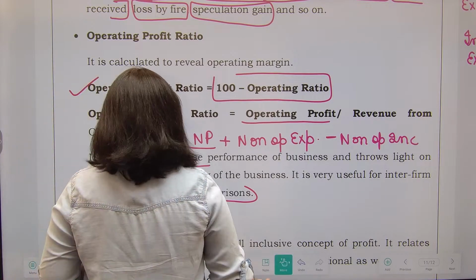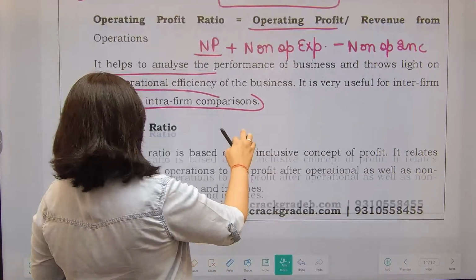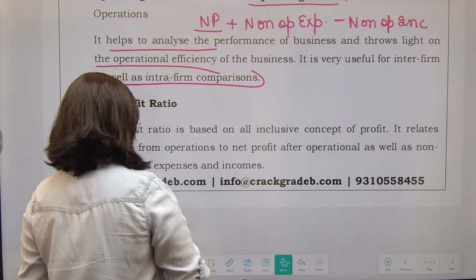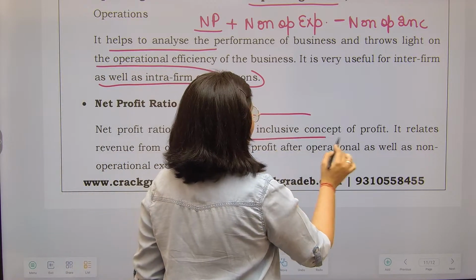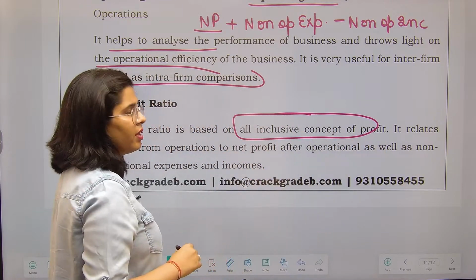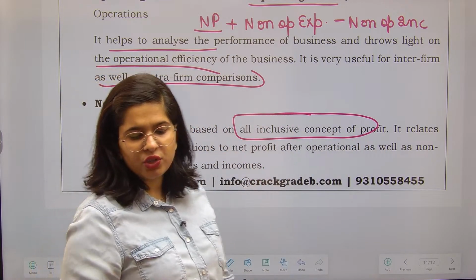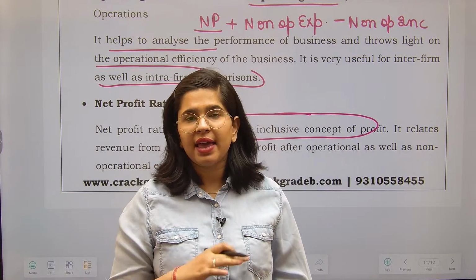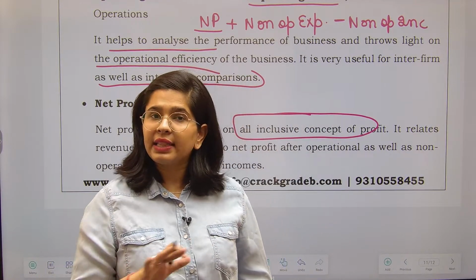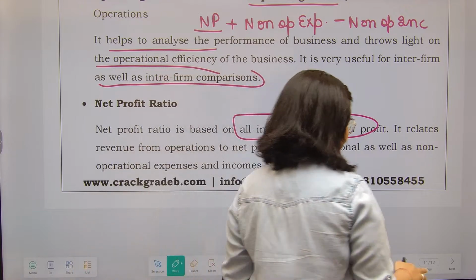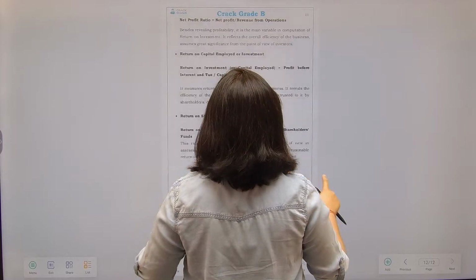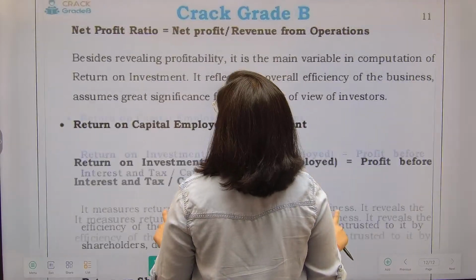Fine. Next is your net profit ratio. It is an all-inclusive concept of profit. Everything is included over here, whether they are operating profits or operating incomes, non-operating profit or non-operating incomes. Nothing is excluded in the net profit ratio.